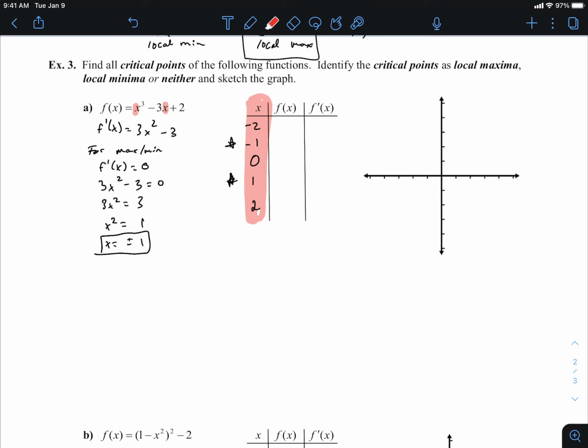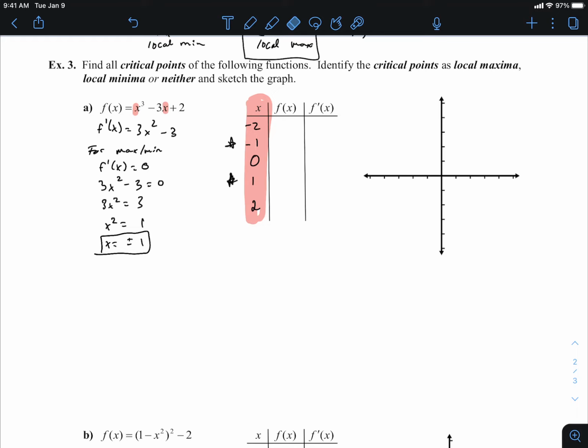The only thing I'm really interested in is, I don't care about the numerical value of the derivative. I really only care about whether or not that derivative is positive or negative. Okay, so if I plug in the values and find out whether or not the derivative is positive or negative, that's going to tell me how to sketch this graph.